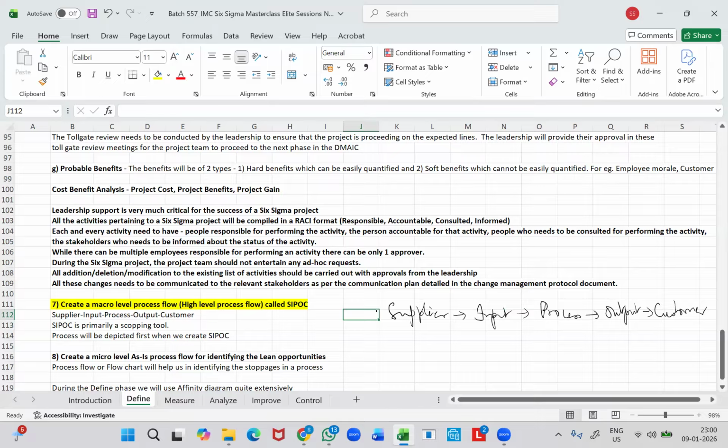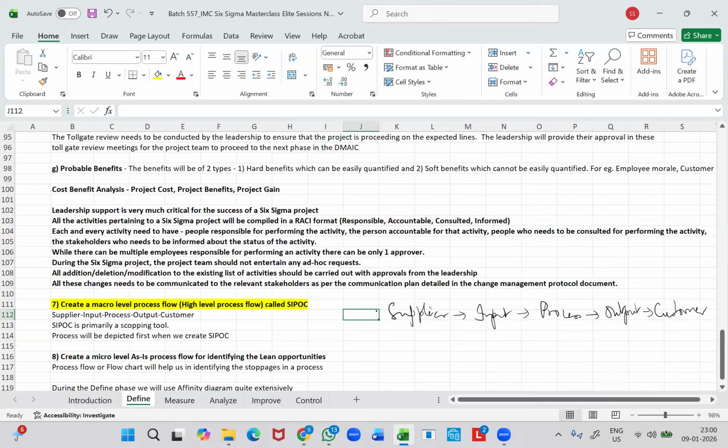So when we create the SIPOC diagram, we will always start with the process first, right? So you'll not go in the sequence. You'll not first list down the suppliers and then the input and then the process. So first we will depict the process and then we will map the list of inputs that will be fed into the process and what will be the output that we can get from that process.